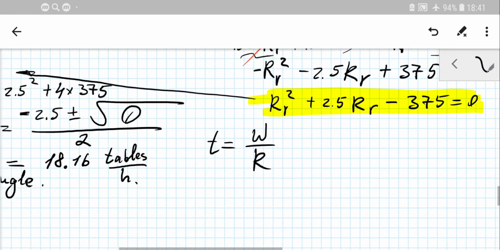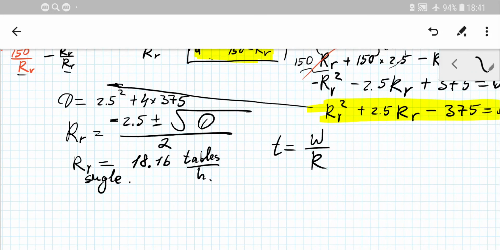So now we use 150 tables and Rebecca's rate. That's Rebecca's time. So we've got W 150 and we divide by 18.16. Let me see, 150 over 18.16. So we've got around 8 hours and something.